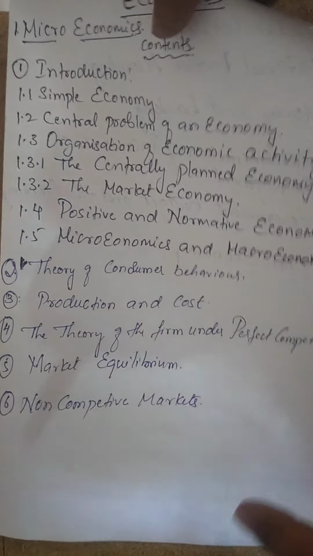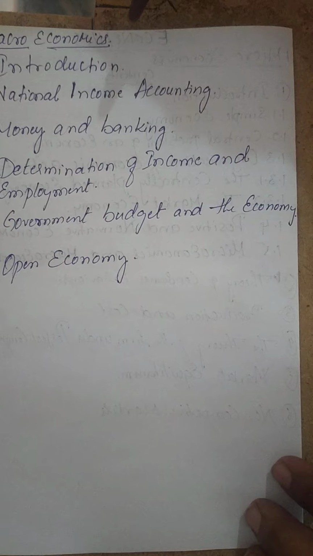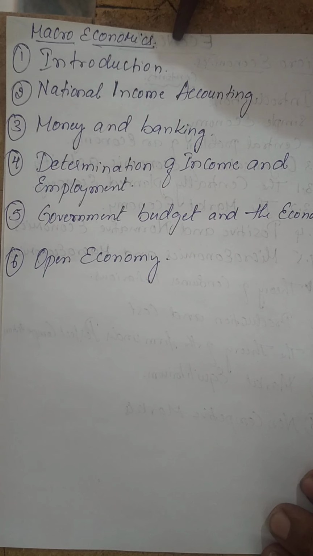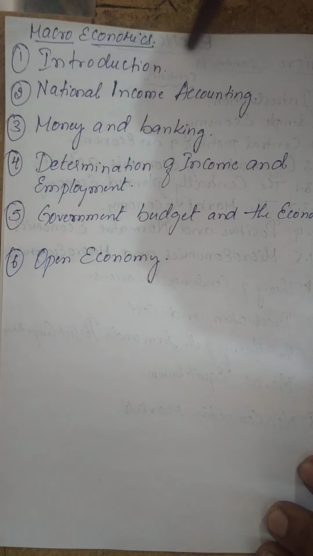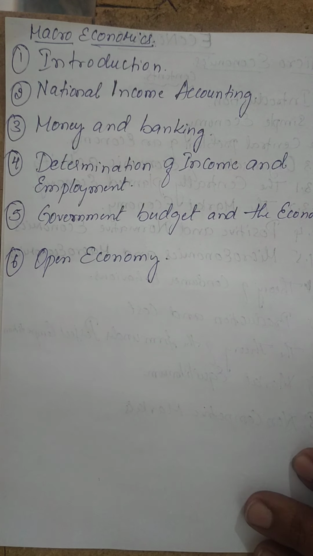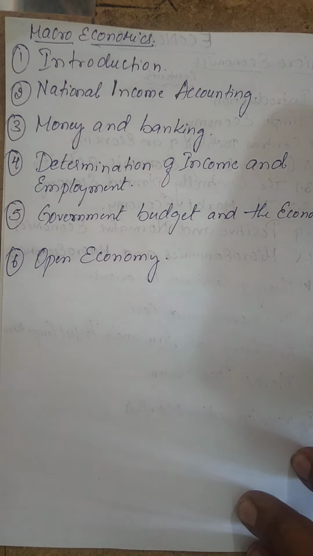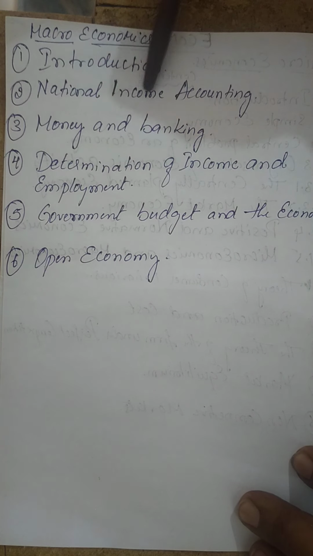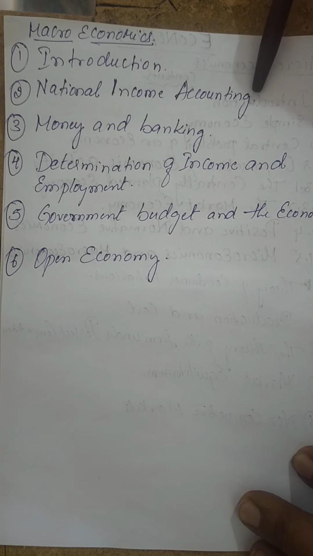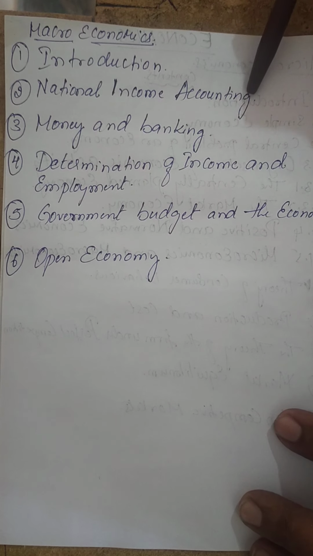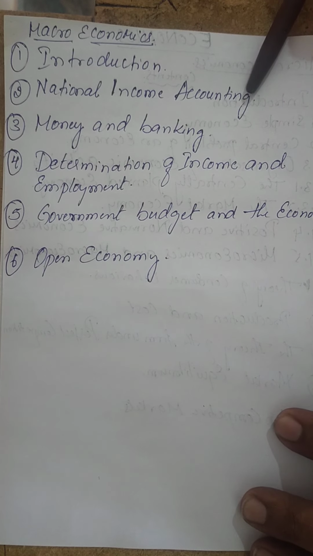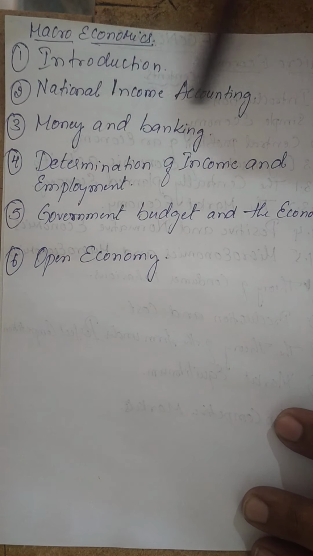Next we'll move on to macroeconomics and what it deals with. In macroeconomics, the first chapter, as usual in micro, is an introduction to start off macroeconomics. The second one is national income accounting, which means the aggregate of all the producers' contributions to the nation, which we are going to study here.